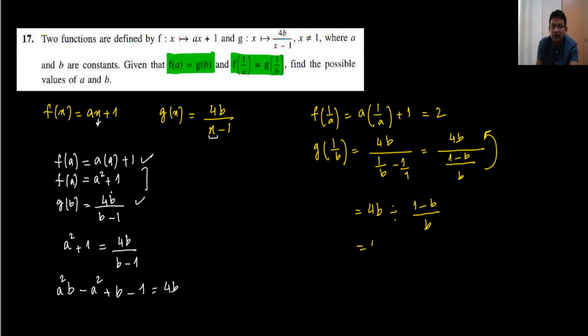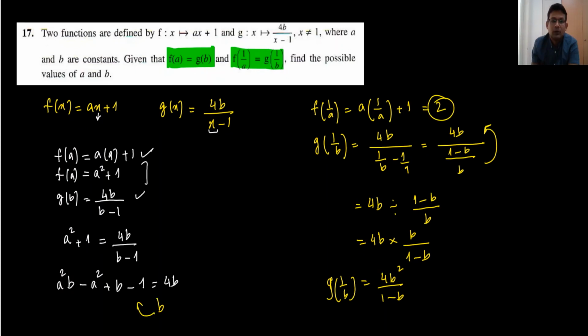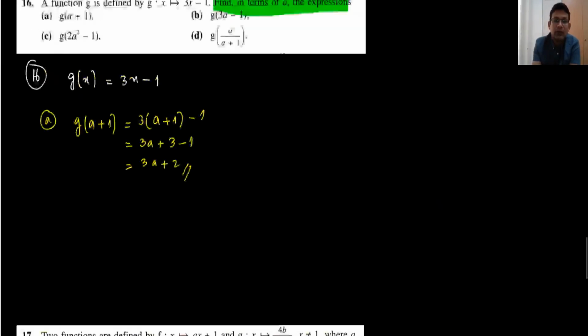Then you can write multiply b upon 1 minus b, and this is 4b squared divided by 1 minus b. This is g of 1 upon b. Now you can equate this equation and this equation by using this condition, and we can have the value of b, and then the value of b will be substituted here in this equation, and you can get the value of a. So I don't want to solve this because the video becomes very lengthy.